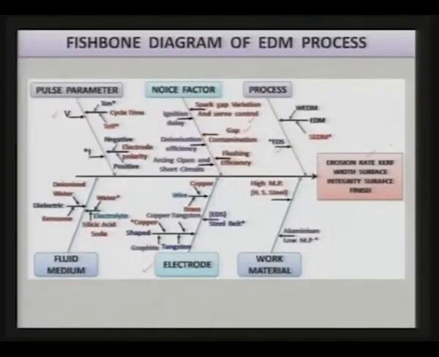So, this diagram shows us the various important parameters in EDM and wire EDM process, and they are also the parameters with the help of which you can evaluate the performance of the EDM process.